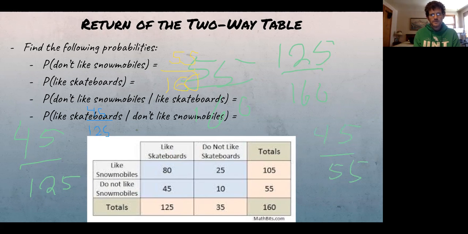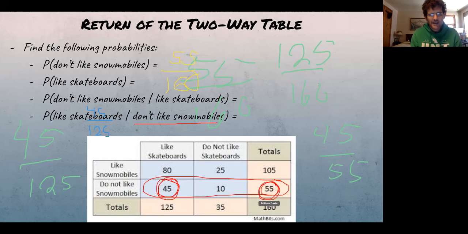I know you might or might not be working through it as quickly, but hopefully we can explain it and help you get caught up. So now we're looking on the condition that you don't like snowmobiles, so we're looking at that row only, and that you like skateboards. So that's 45. So 45 out of 55 is the probability there.